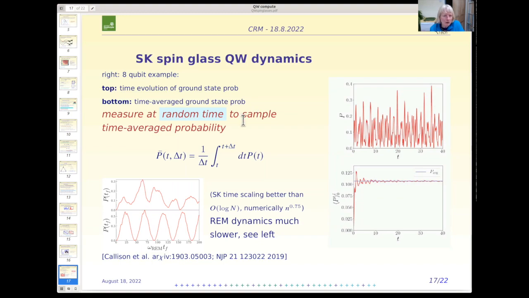So what we do instead is we measure at random times in order to sample from the time average probability distribution. And this is the instantaneous probability. If we integrate that from t to t plus delta t and divide by delta t, we've averaged over that slice, say from 10 to 20, if delta t is 10.